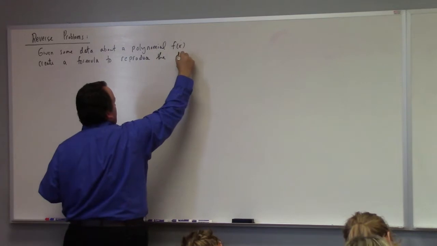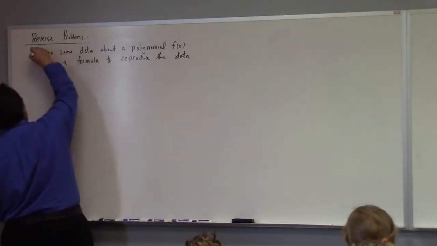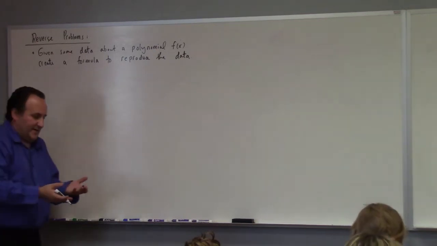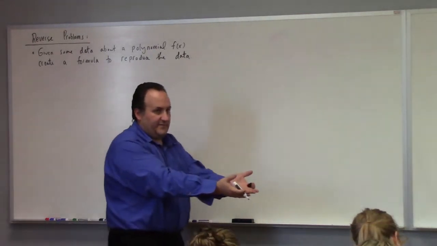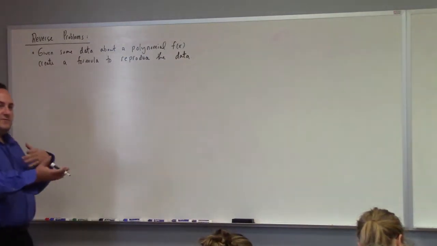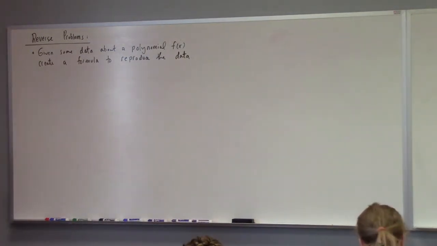I say it's reverse because up until now, what's the format we've been working with? The format has been: here's a formula for f of x, let's graph it. So now I'm turning the tables. I'm saying, how do you find a formula that has certain features?